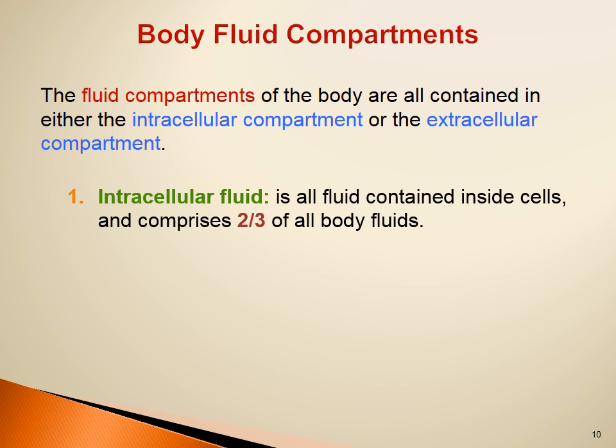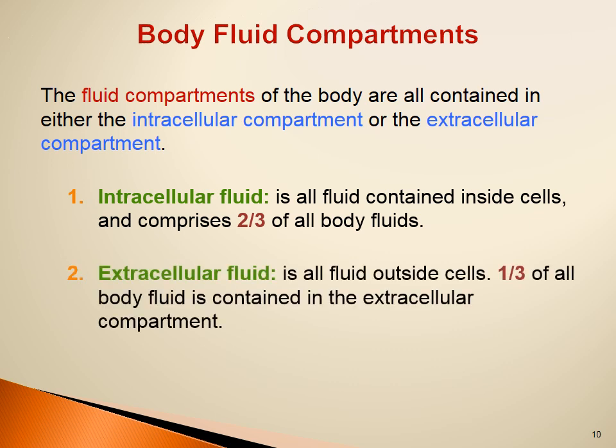So two-thirds of the total body water is present inside the cells. The remaining one-third is present outside the cells, and it is called the extracellular fluid. It is the fluid outside cells. One-third of all body fluid or total body water is contained in the extracellular compartment.